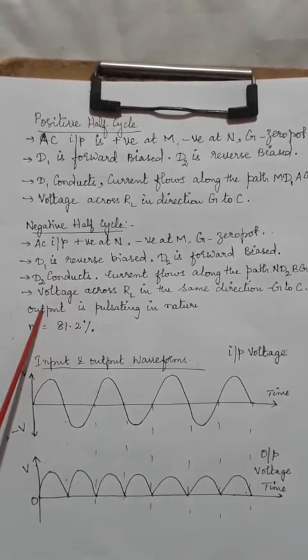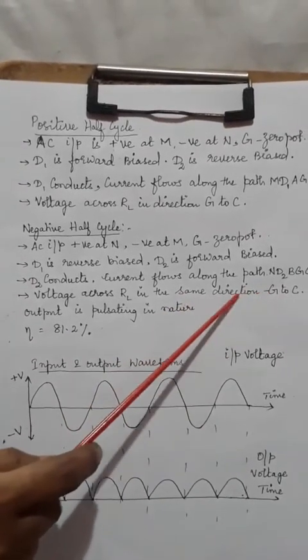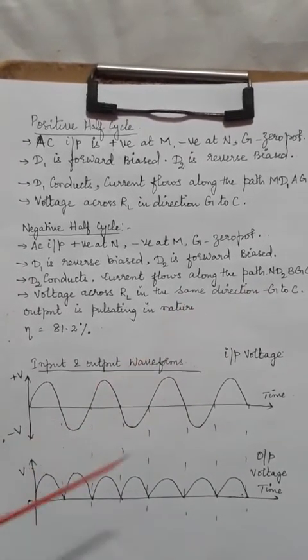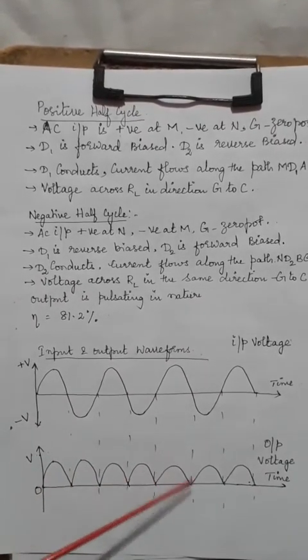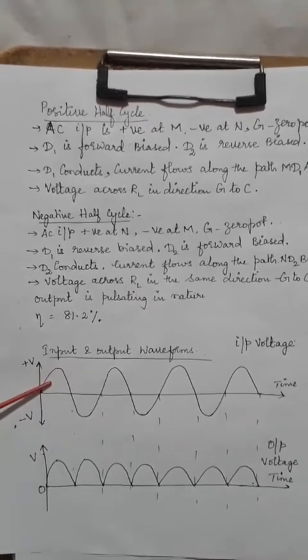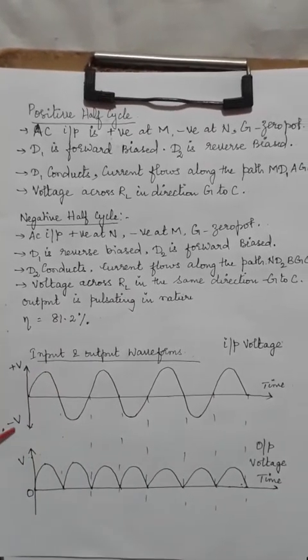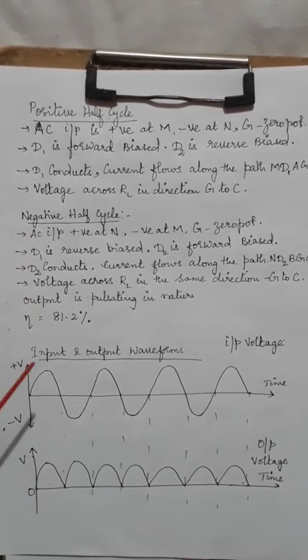What this means is that because of the same direction, the current is produced in both cycles. The negative cycle is produced but in the same direction as the positive. You will not have any negative voltage here in the full wave rectifier.